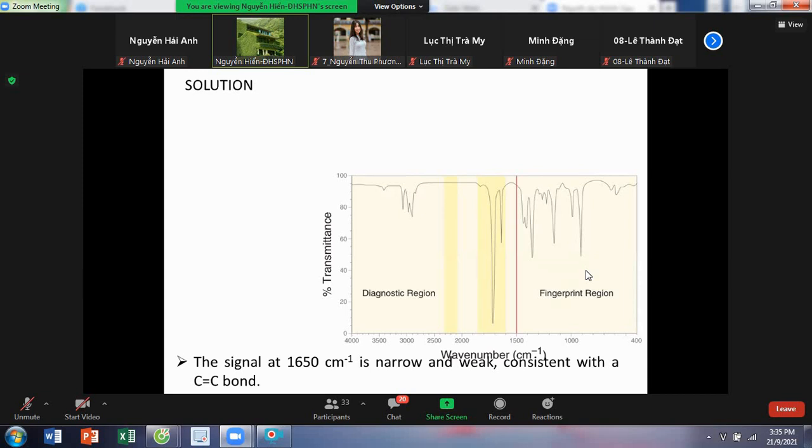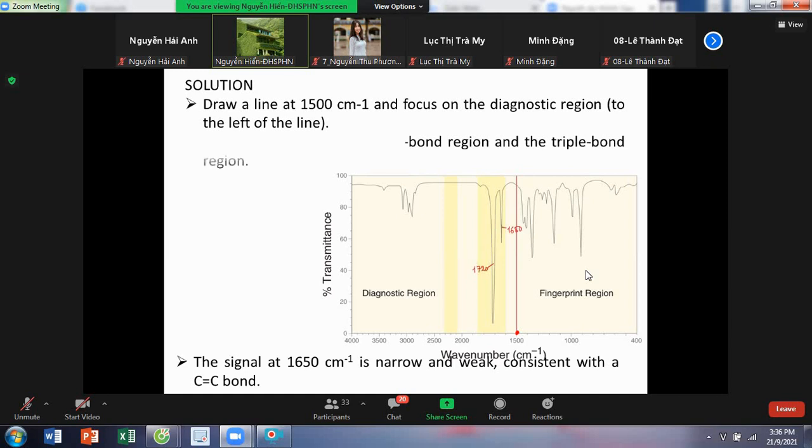So as we talked about, we will draw a line at 1500, and we then find the signals on the left of this line. So on the left you see 1650 and 1720. 1650 corresponds to the C=C double bond, and for the triple bond we don't have anything.